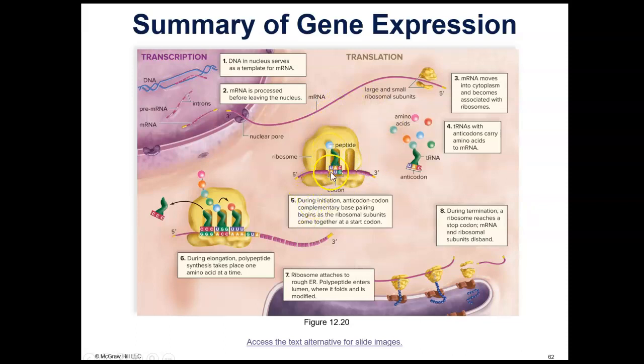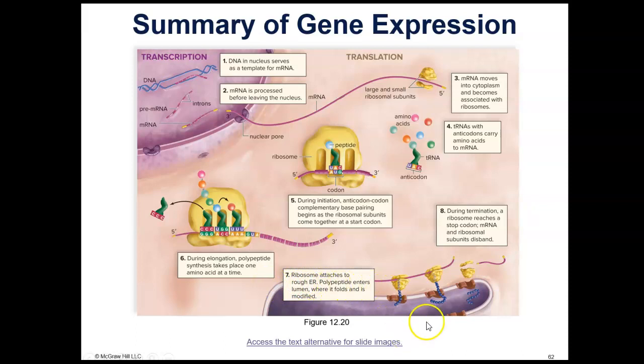Step 5 is showing you the initiation process where the start codon matches up with the complementary anticodon, and that first amino acid is always methionine. Step 6 is the elongation of the polypeptide, and step 7 says the ribosome attaches to the rough ER, rough endoplasmic reticulum.